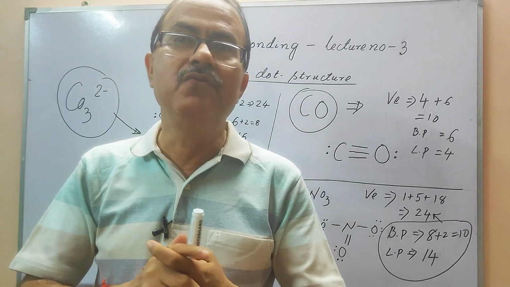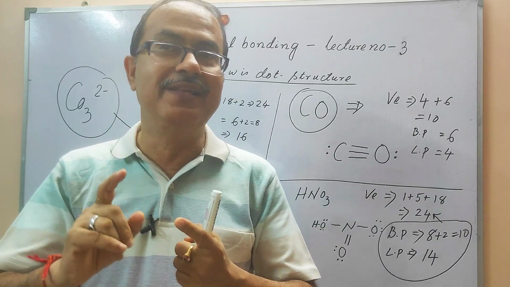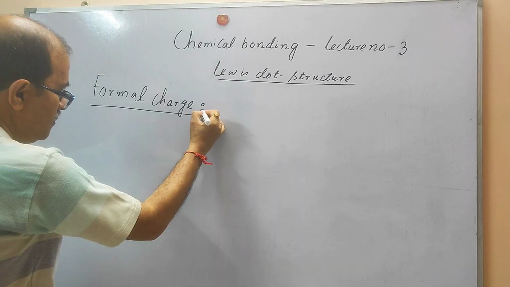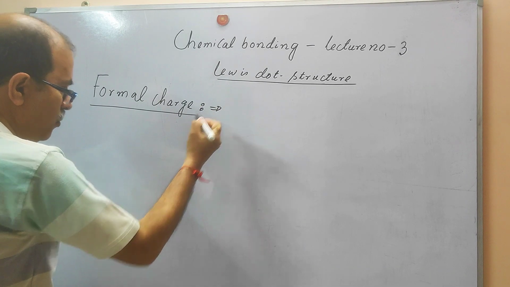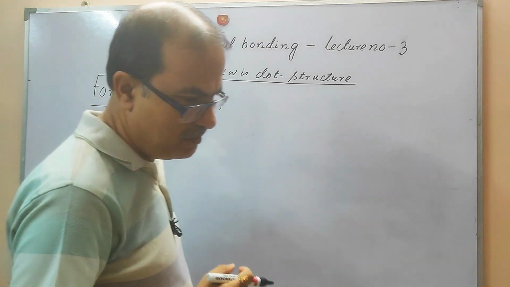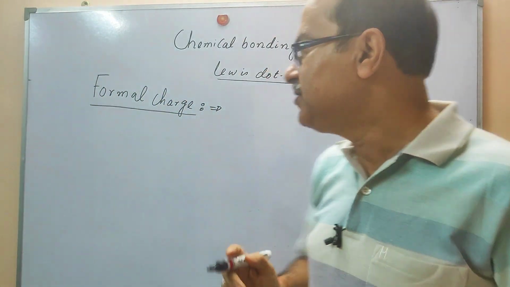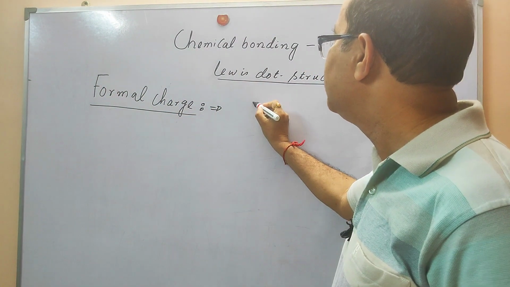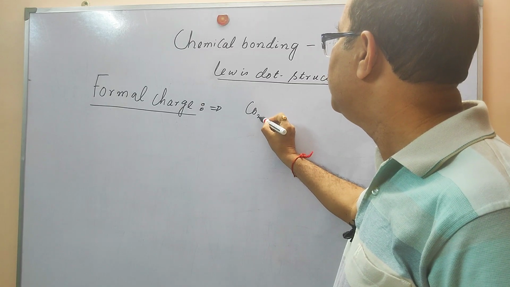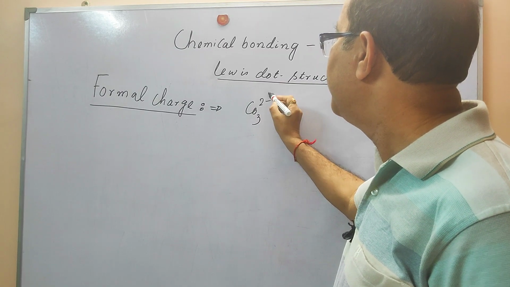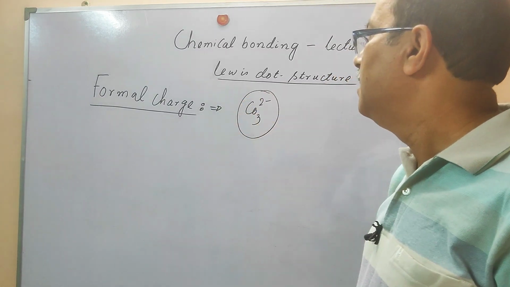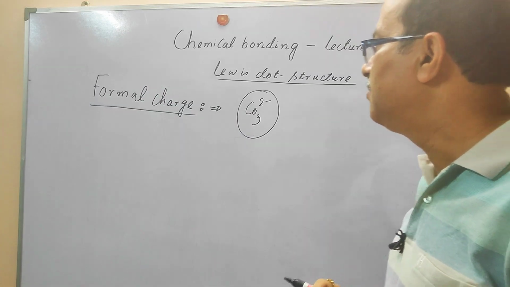Okay. Now we are going to discuss another very important thing, that is the formal charge, for polyatomic ions. As for example, CO3 2-, the carbonate ion. Formal charge we are going to understand.